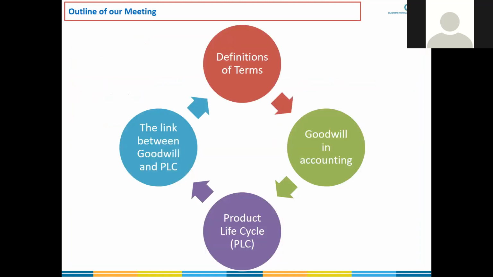We are now going to look at the definition of terms, and then we'll look at goodwill in accounting. Okay, a few accounting points. We will not go too deep into accounting, but we will see how it is done. Then we are going to look at the product life cycle, or we can say PLC.